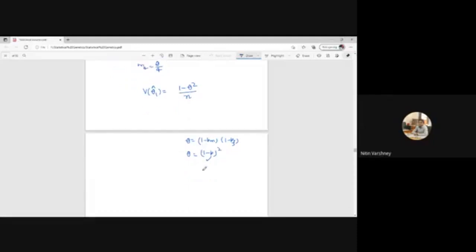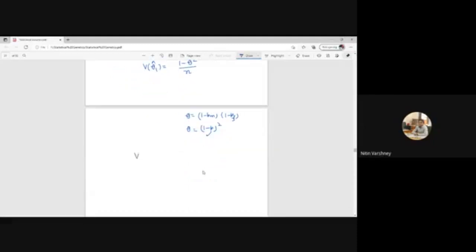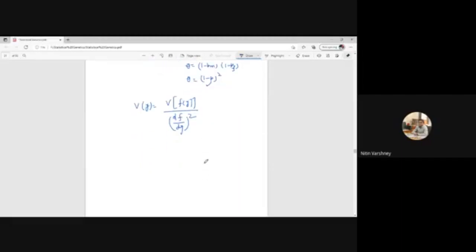To calculate the variance of p, the formula is: variance of y equals variance of the function of y divided by the derivative of the function with respect to y, whole squared. From this we can calculate the variance of p, which will come as variance of theta upon 4 theta.